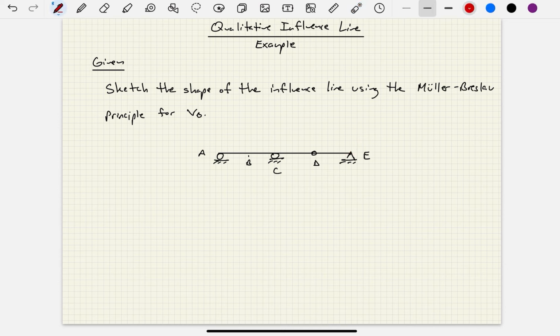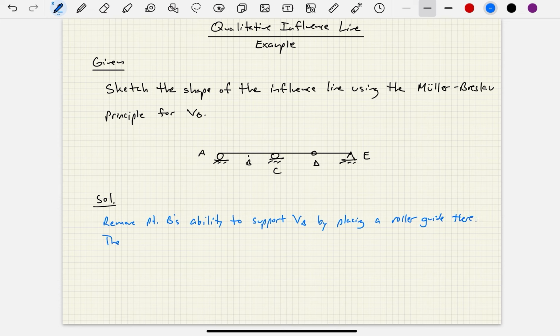The Muller-Breslau principle allows us to sketch the shape of an influence line without doing all the nitty-gritty calculations along the way. So we're going to say solution, and then remove point B's ability to support VB by placing a roller guide there.